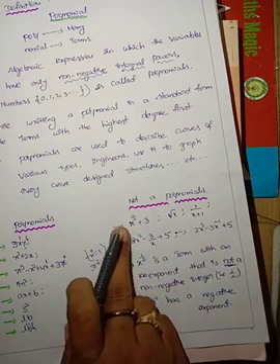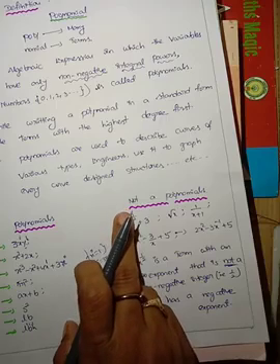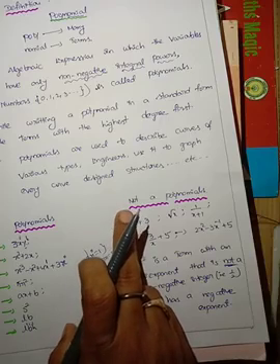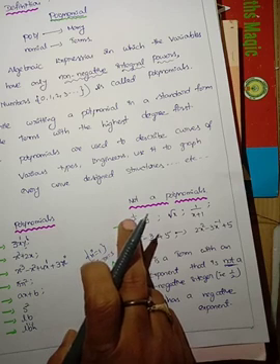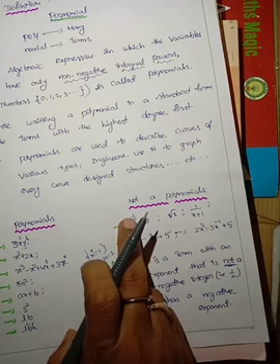The exponent of x here is 1 by 2. 1 by 2 is not a whole number, and not a non-negative integral power.